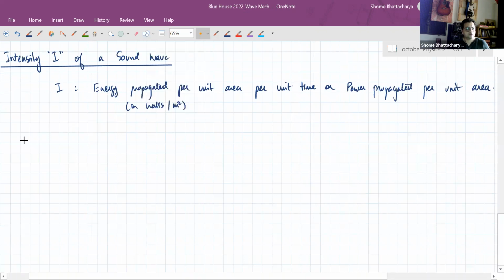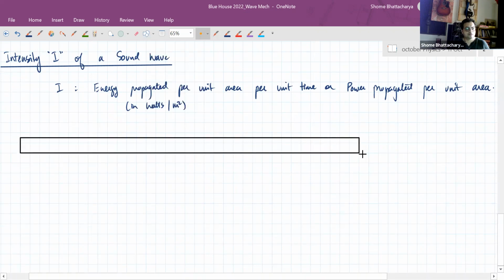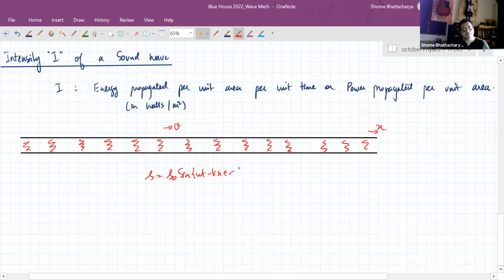So if this is again a windpipe through which sound waves are propagating, causing longitudinal oscillations of the medium particles, traveling with a speed v, and the displacement of the medium particles is represented by S equal to S naught sin of omega t minus kx plus phi.